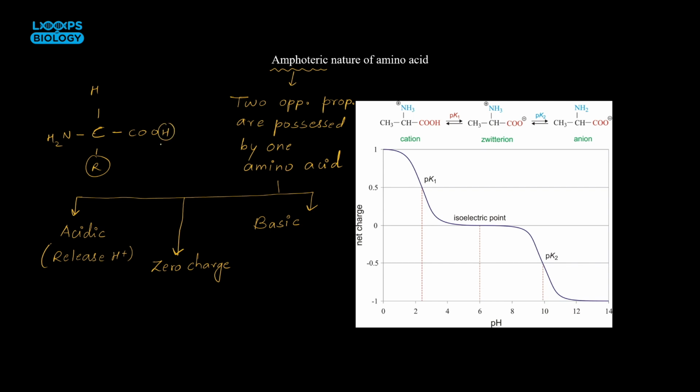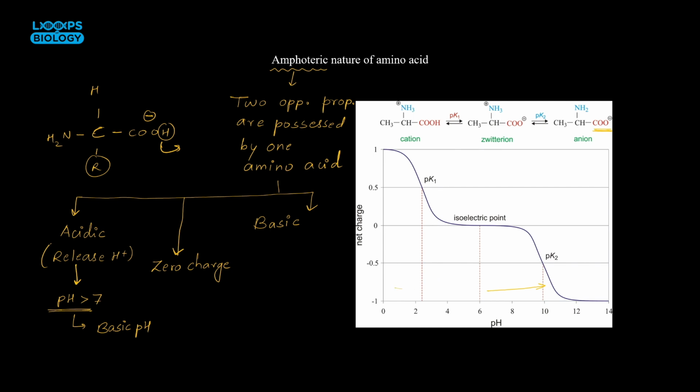Now, releasing H+ means gaining negative charge on amino acid. So whenever I am increasing the pH above 7, like I am moving on this side, the amino acid is becoming more and more acidic. So in basic pH, amino acid acts as acid.